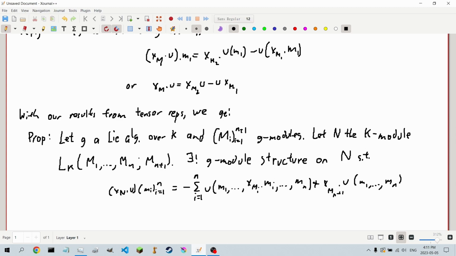And we get this through the previous result, where M1 through Mn is just like the whole tensor deal that we saw earlier.